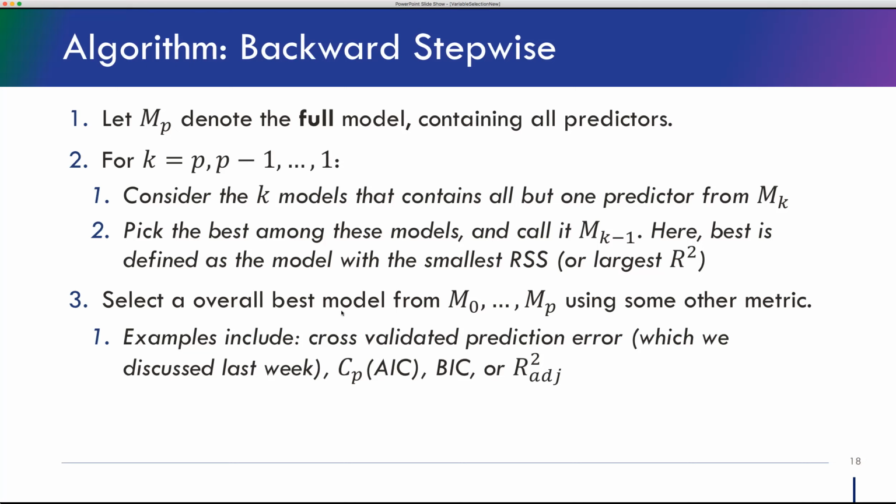We select the overall best model from M0 to Mp using the cross-validation prediction error, which we discussed last week. Here I changed it, but for the previous two slides I forgot to change it.